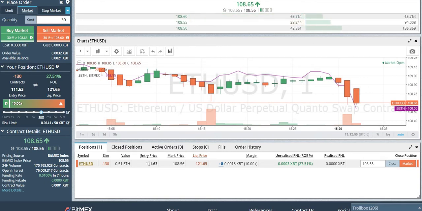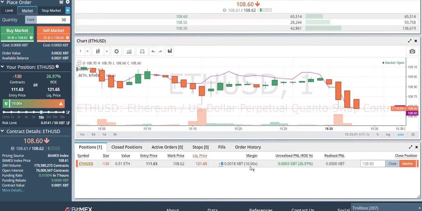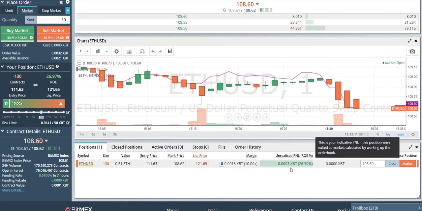Just $3 away, and I've gotten 27%. Well, 26%. With 10x leverage. Up, went down some more. So basically, if it goes your way $3, that's over 20 something percent.